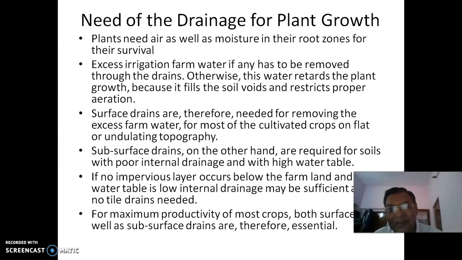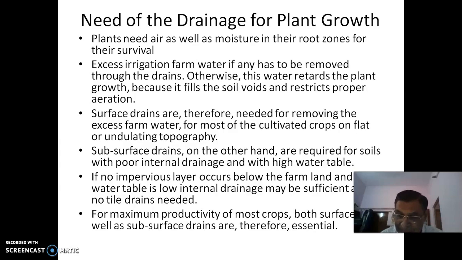Internal drainage is good enough. For the maximum productivity of most of the crops, both surface as well as subsurface drains are therefore essential. If you want to expect good yield from the crop, you need to have these surface or subsurface drains.